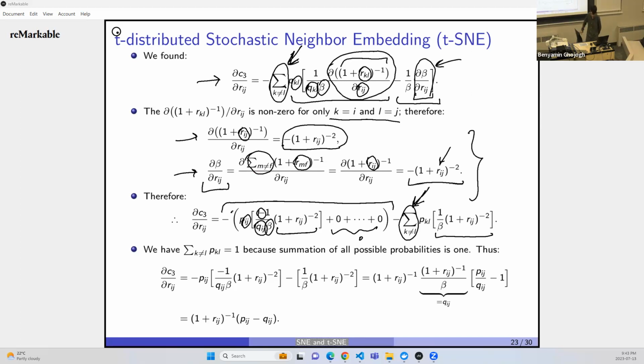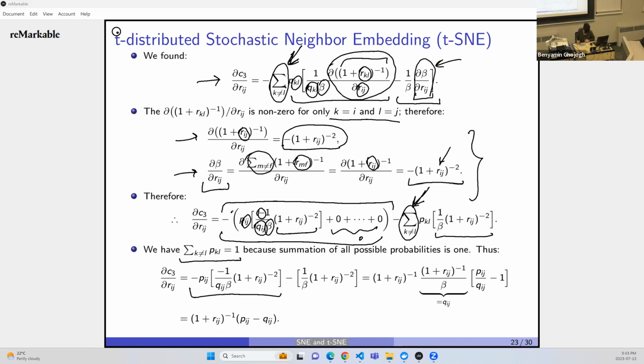Okay. Now, what happens? We know that the summation of PKL for all K and L equals 1, right? If you sum all of the probabilities, it equals 1. So I'm repeating it here.